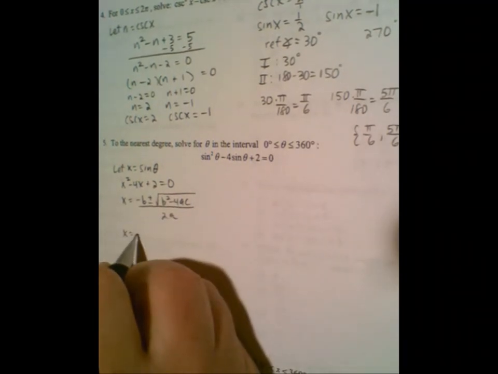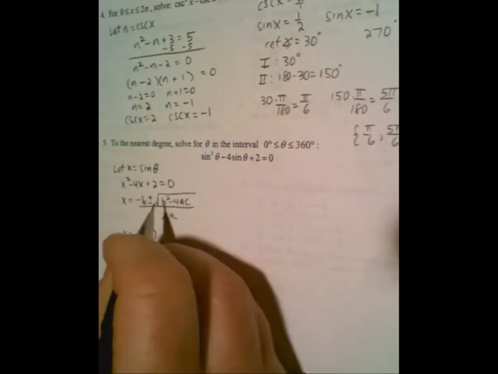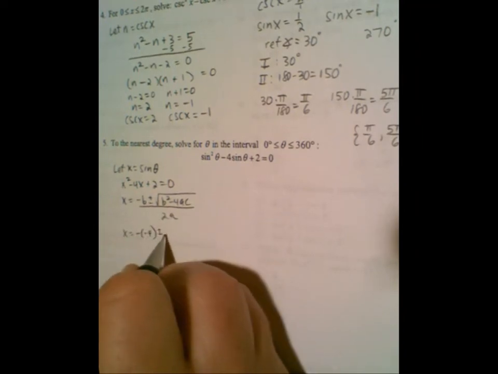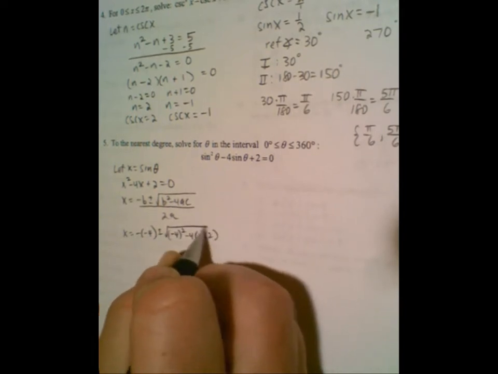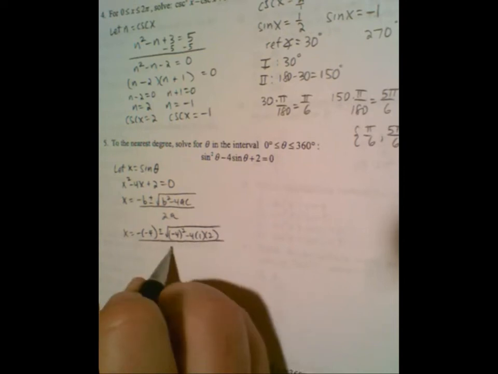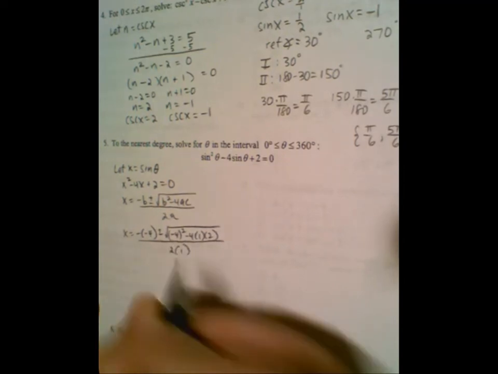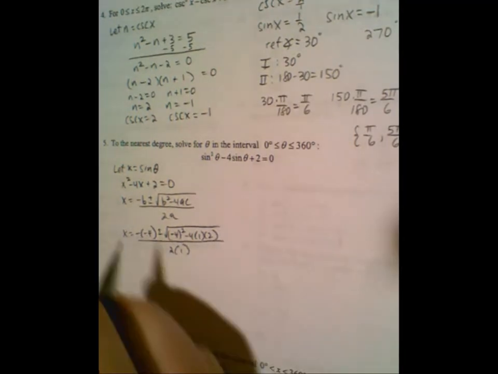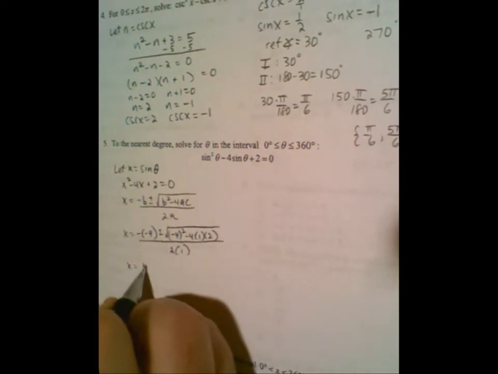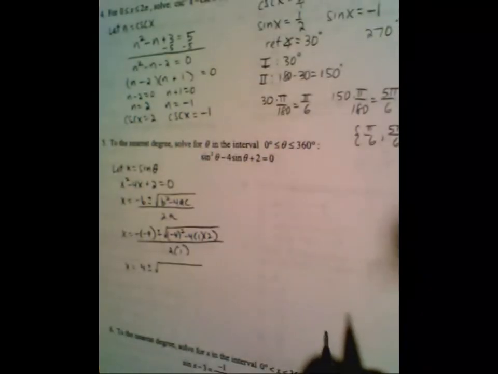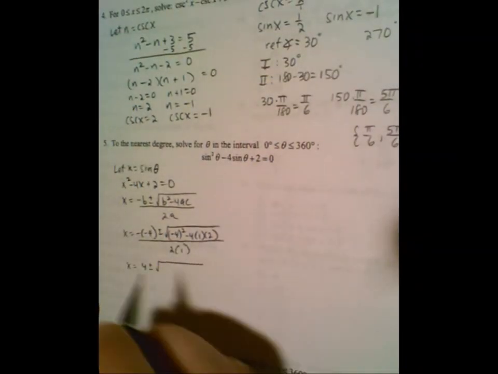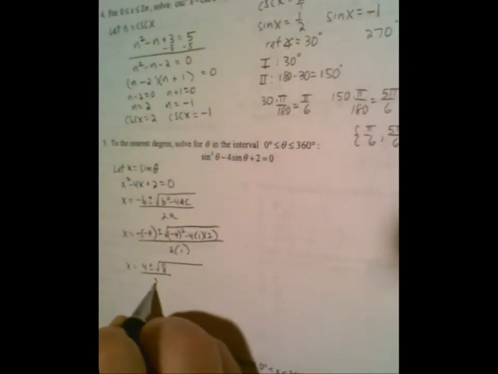So x equals negative negative 4 plus or minus the square root of negative 4 squared minus 4 times 1 times 2 all over 2 times 1. 4 plus or minus the square root of 16 minus 8 is 8 over 2.